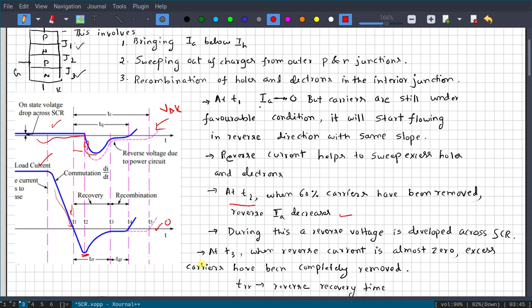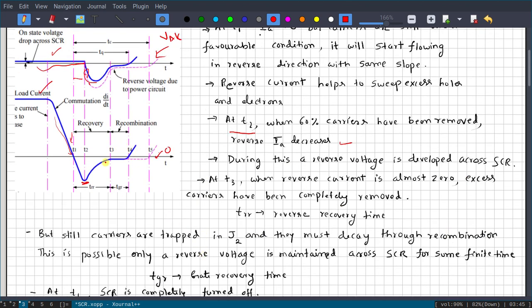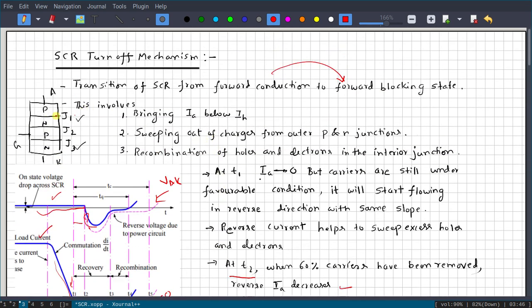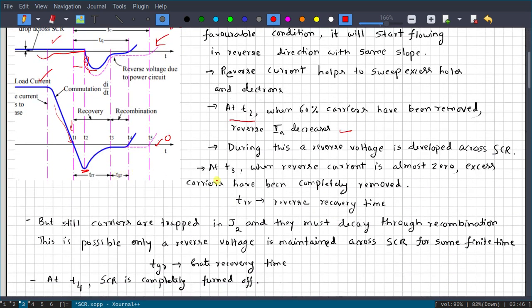Now let us see at T3. So at T3, what happens? Your reverse current also becomes 0. Your anode current becomes 0. So when reverse current is almost 0, excess carrier charges have been completely removed. Whatever extra charge carriers were present in the J1 and J3 junctions are now removed.